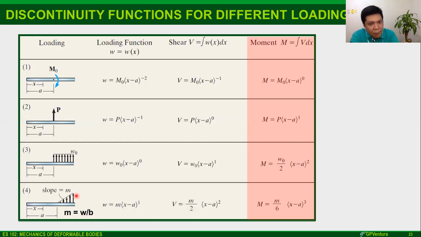Omega is the magnitude or the intensity here, the largest one, divided by b. What is b? B is the distance, or the width, of the distributed load. So, m is omega, the height of the triangle, divided by b, or the base, the width of this triangle over here. So that's m all over 6, X minus a cubed. A again is the location of the start of your triangular load.